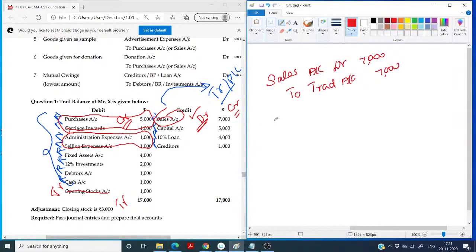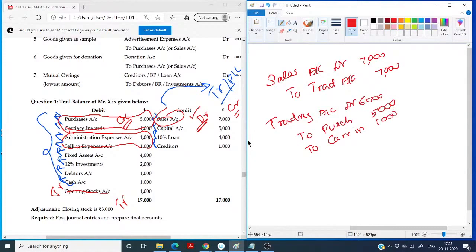So trading account debit, and I can make a combined entry: to purchases and to carriage inwards. Purchases being 5,000 rupees and carriage inwards being 1,000 rupees. Overall 6,000 rupees is going to be debited in the trading account. I hope you could understand.